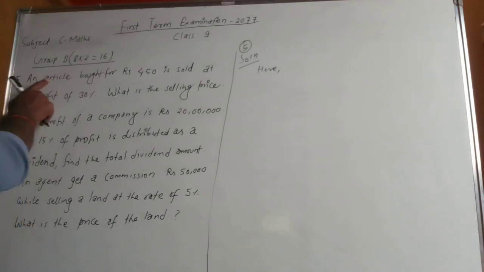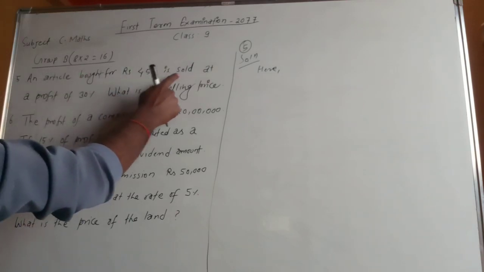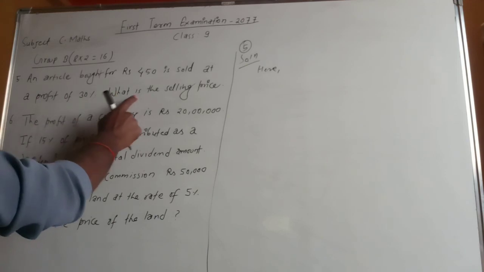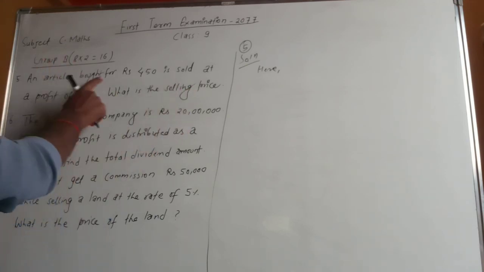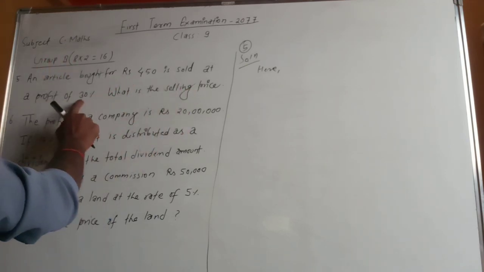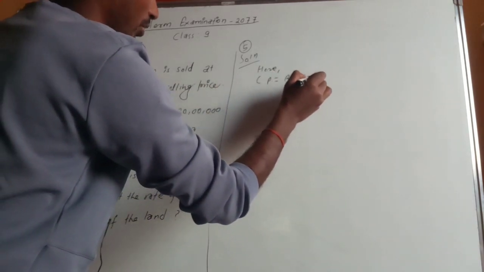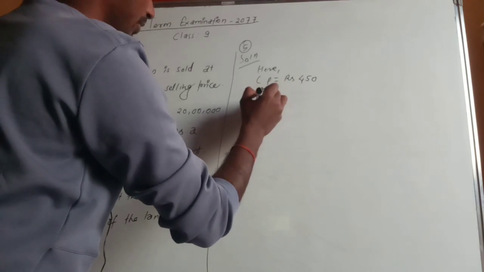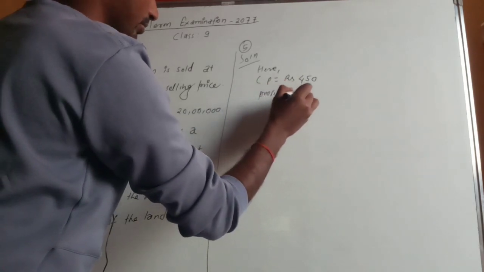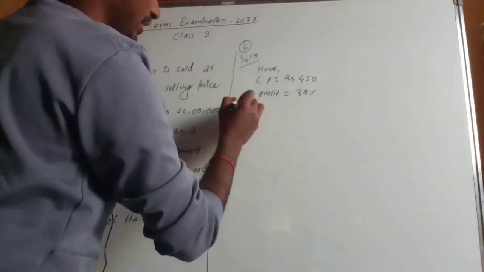Question number 5. An article bought for Rs 450 is sold at a profit of 30%. What is the selling price? In this question, CP is given and profit percentage is given. CP equals Rs 450 and profit percentage 30%.